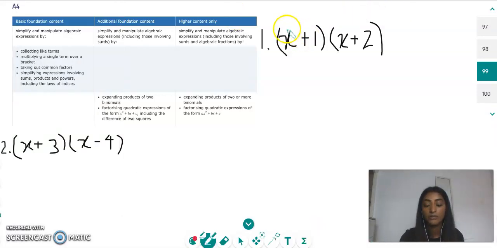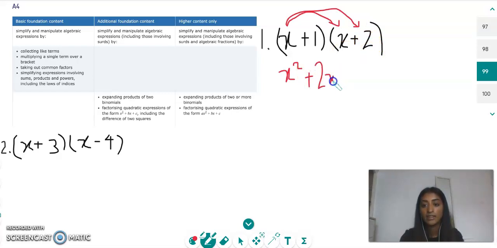So we look at the first x term and we times it by the second one, which is x squared, and then we times it by the second one here, which is plus 2, so that's plus 2x.